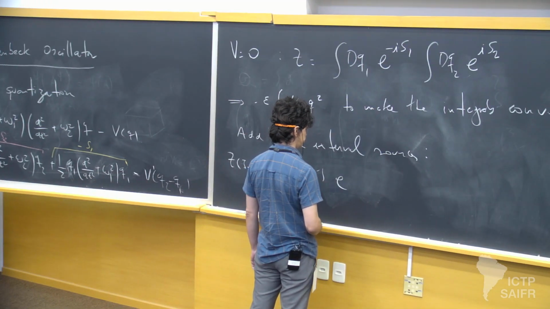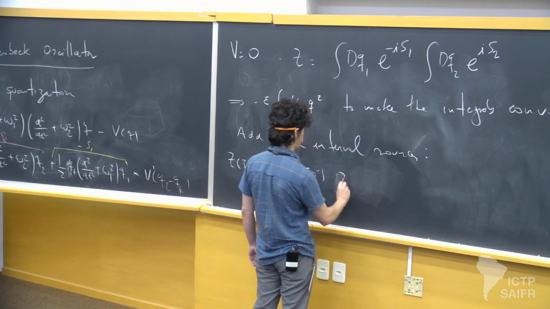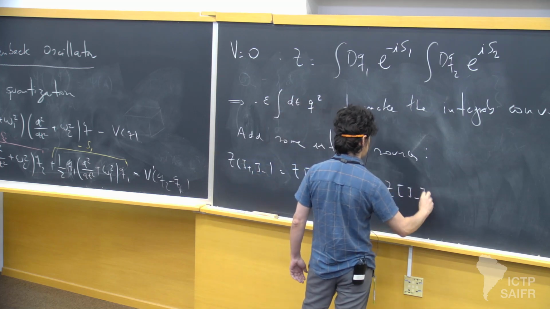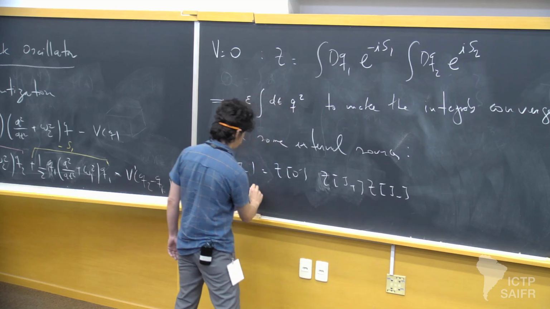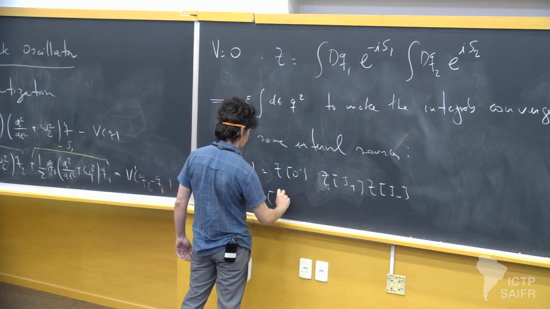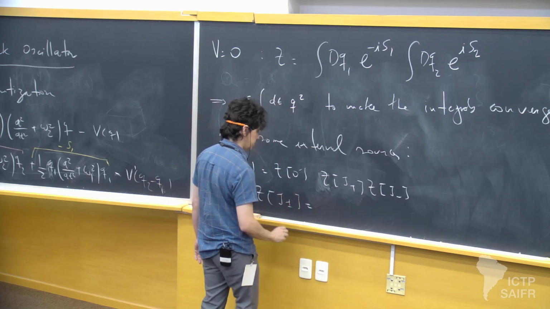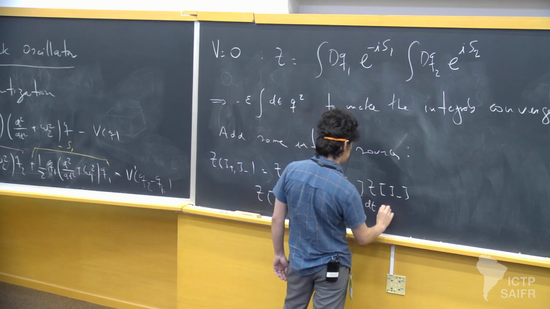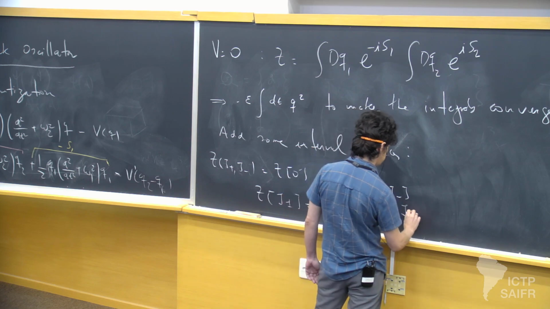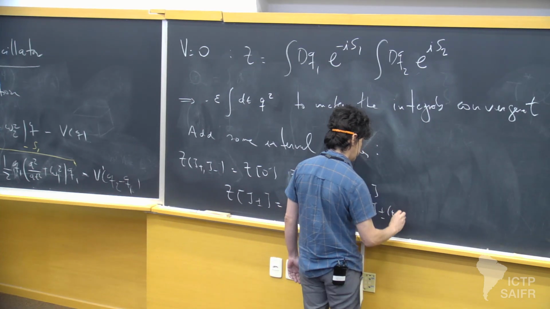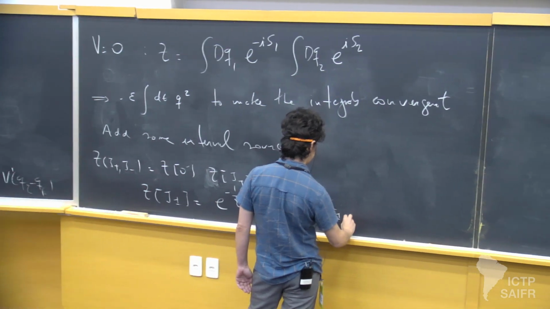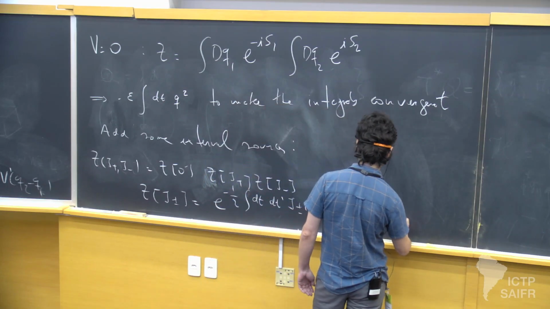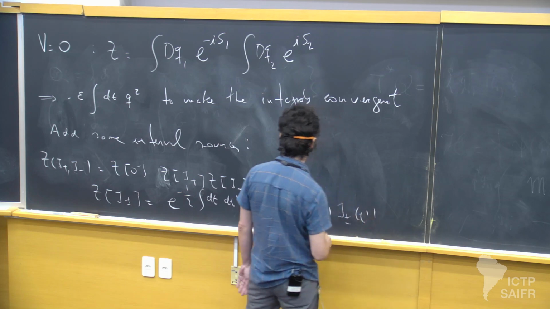So let me just write something like this: Z of J plus minus is equal to an exponential given by dt prime, J plus minus t, something that is associated with a propagator, G plus minus t prime.